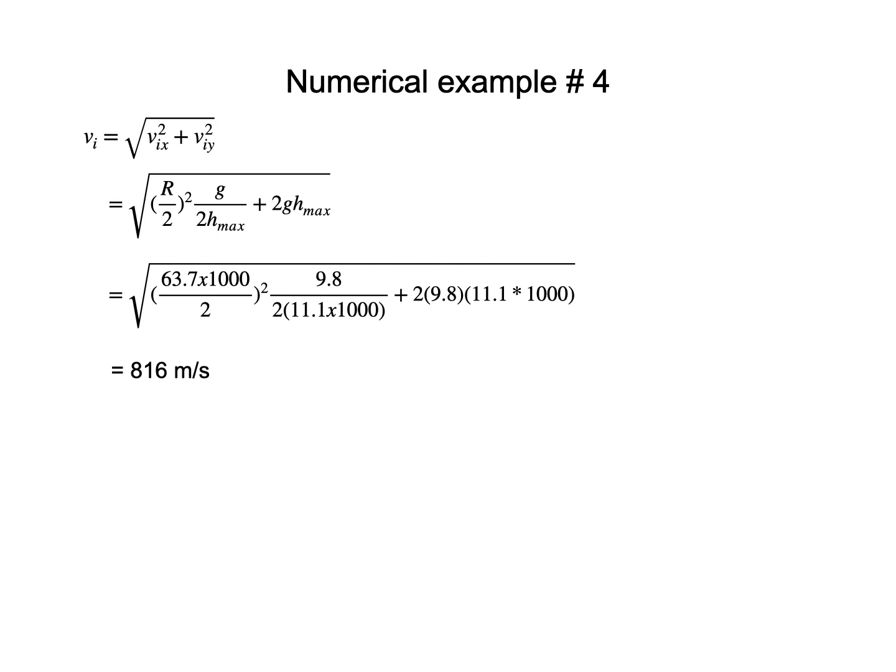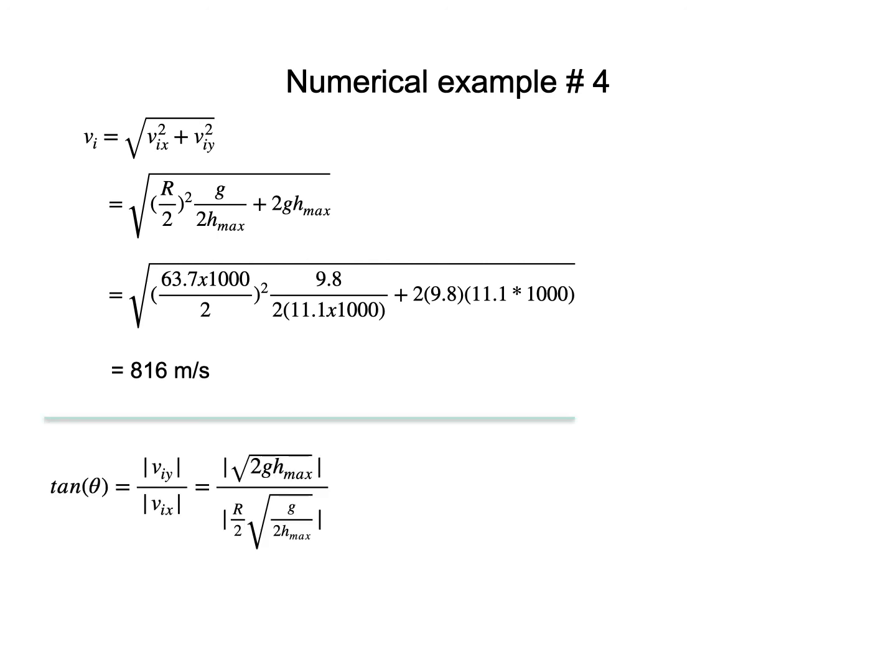The tangent of the angle that the initial velocity makes with the horizontal is related to the ratio of the components. The expressions in terms of the givens are again used, and after simplification we get this. Note that theta does not depend on the value of g.